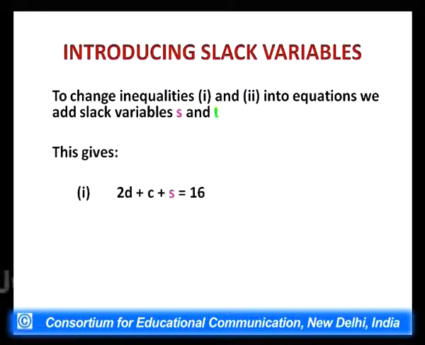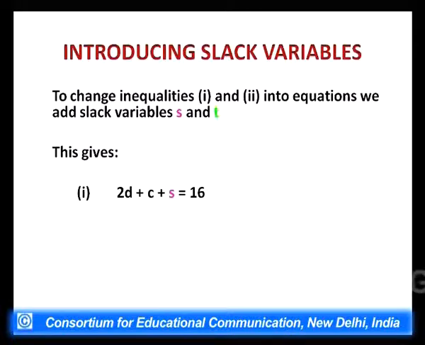The first constraint was 2d plus c less than or equal to 16. So if it is less than or equal to 16, it will be either 16 when it is just equal to 16, but if it is less than 16, something should be added to 2d plus c to make it equal to 16.